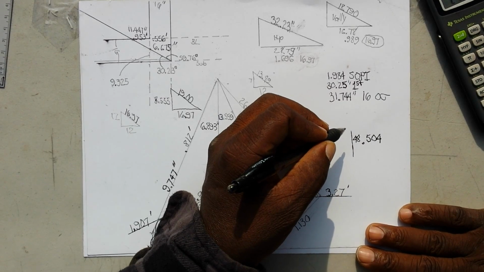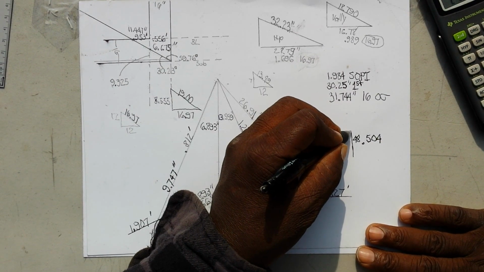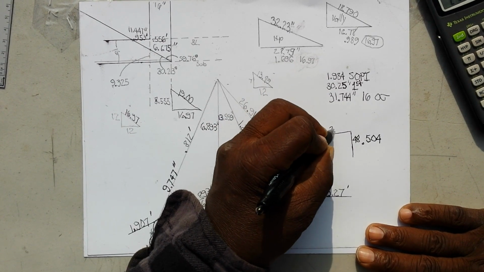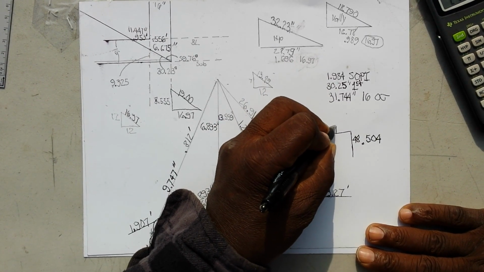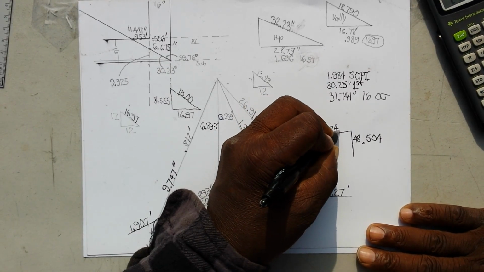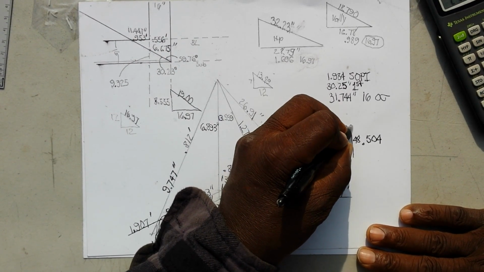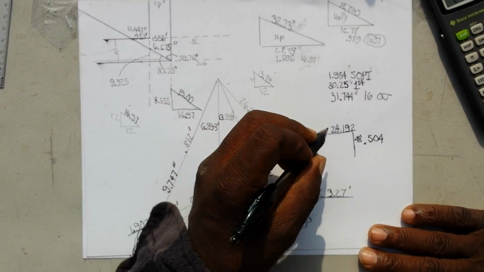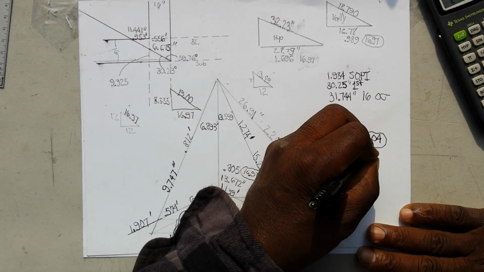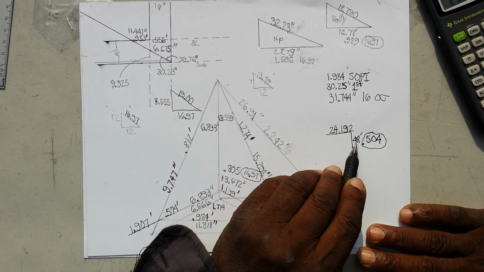And then we know that this right here is 24, 24.192. Okay, 24. Now what we do, we're going to put this here. We're going to circle this so you know these are not one number. So we got 24.192 and we got 48.